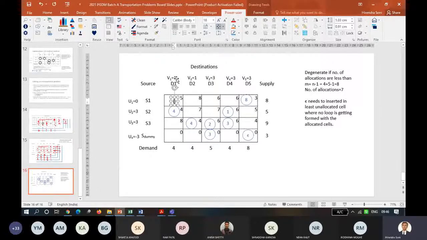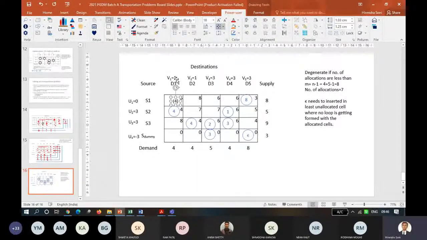What does this indicate? That if an allocation comes in this cell, it will increase the cost by 4. The allocation amount times 4. Clear? Is everybody clear with this? Yes, sir. Sir, can you please repeat?